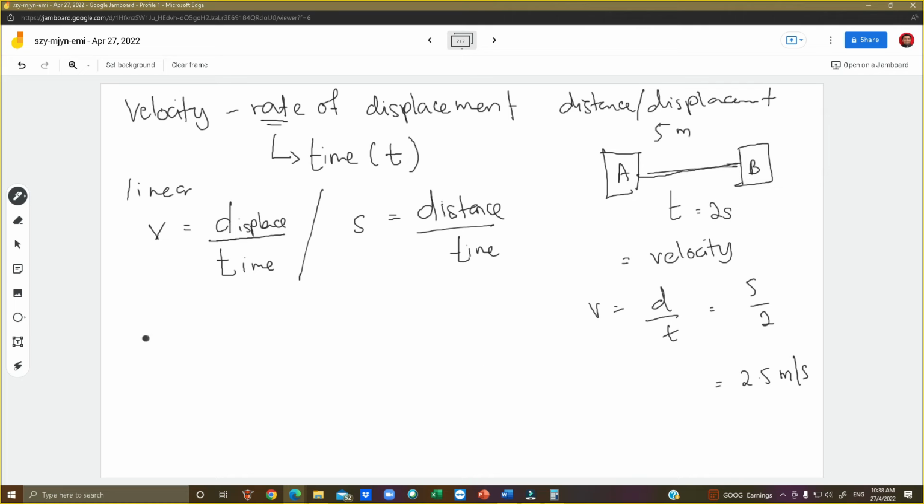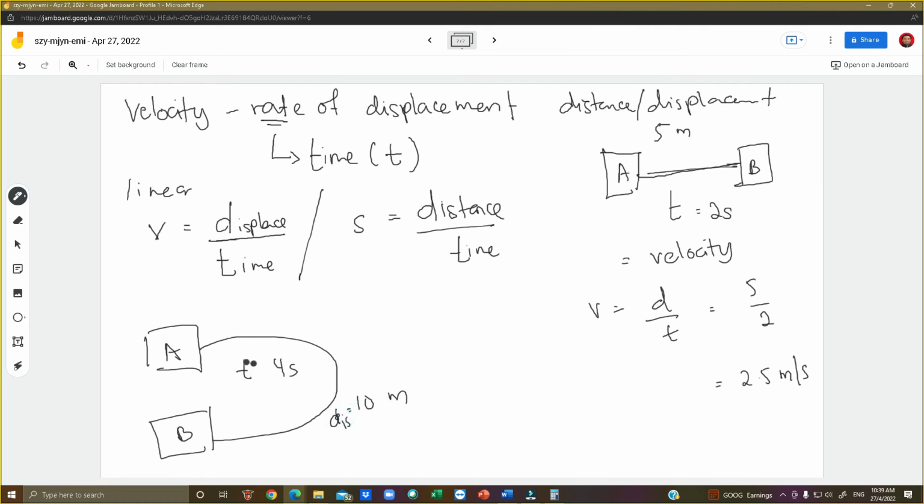Tapi kalau kita ada case macam ni, okay, pergerakan macam ni, where B. The distance covered here is 10 meter. The time taken here is, let's say, 4 seconds. So the question is, what is the speed? The speed will be 10 over 4, 2.5 meter per second.